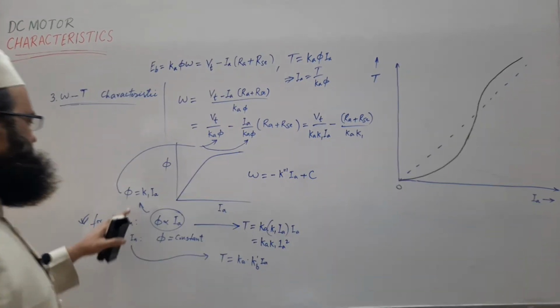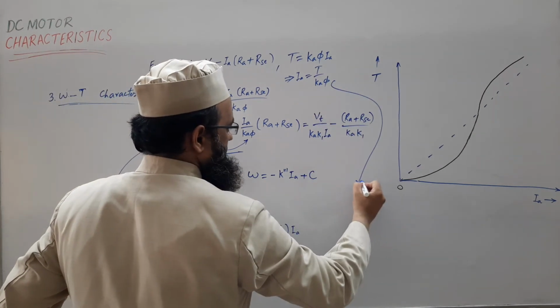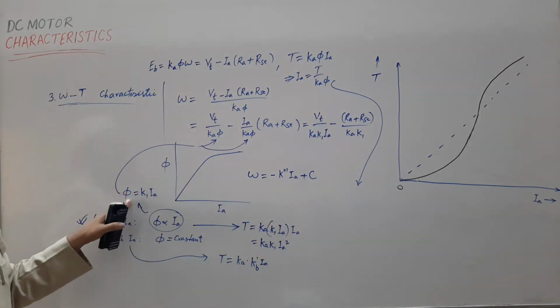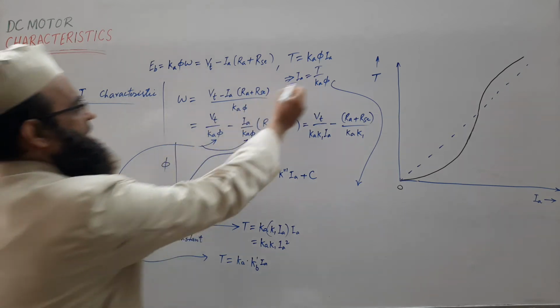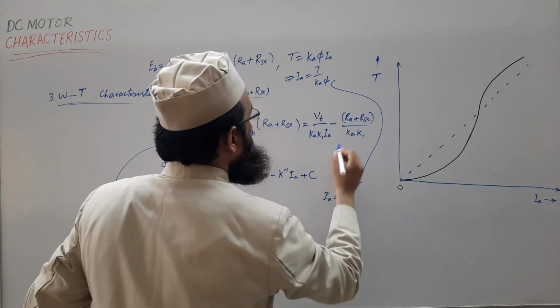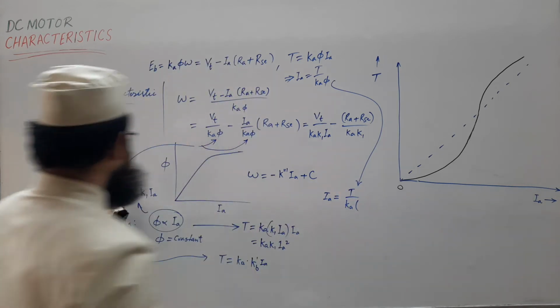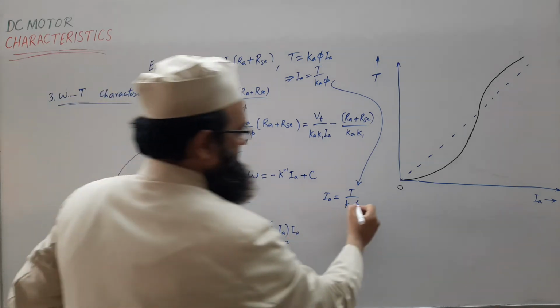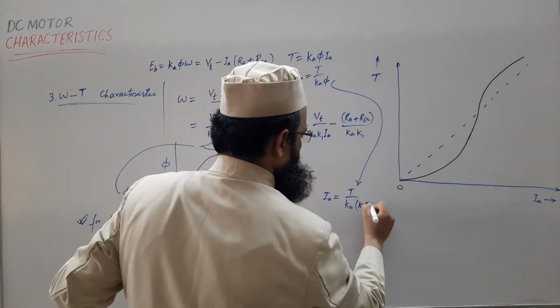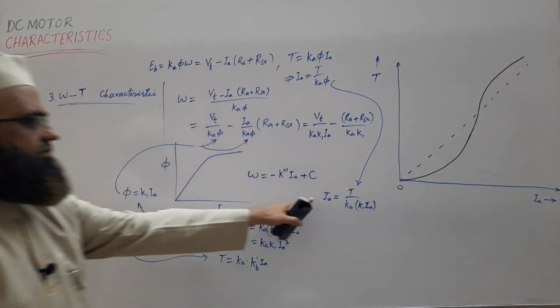I am going to substitute Ia at a lower value of phi. By substituting phi, we may write Ia is equal to torque upon Ka times K1 Ia, isn't it? So this is also Ia.